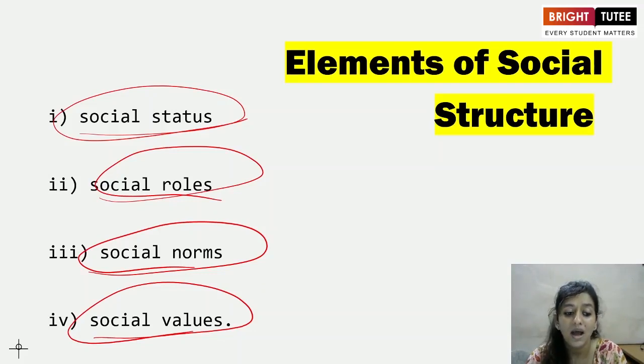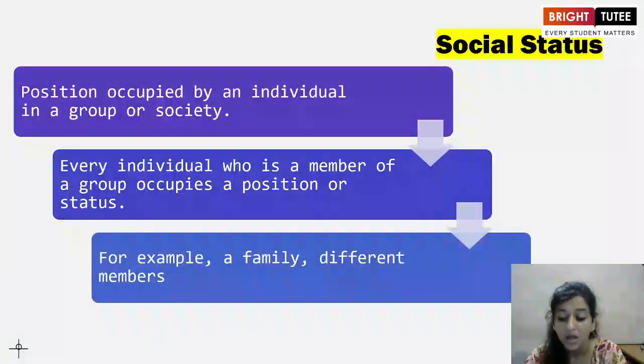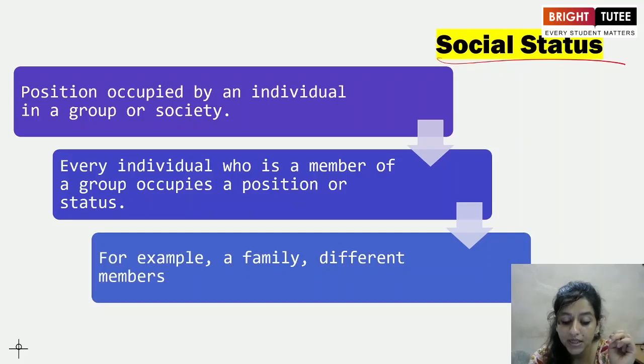We will look into the elements of the social structure one by one. Starting with the social status, it is the position occupied by an individual in the group or the society. What position are you at in the society or the group?